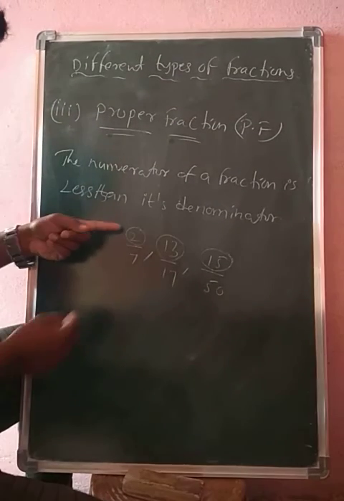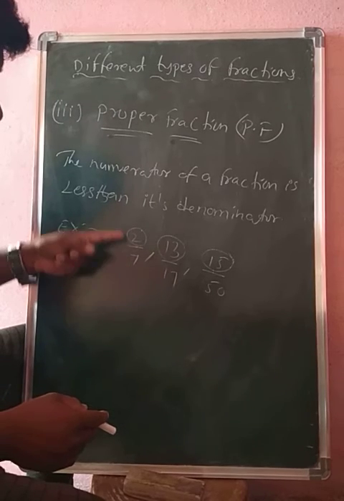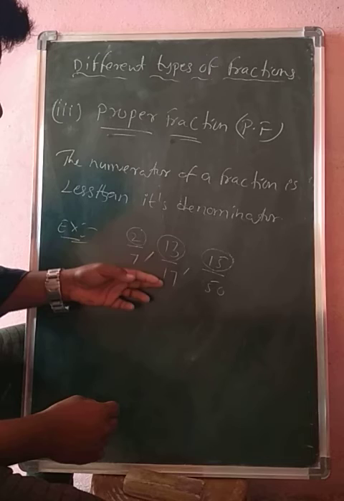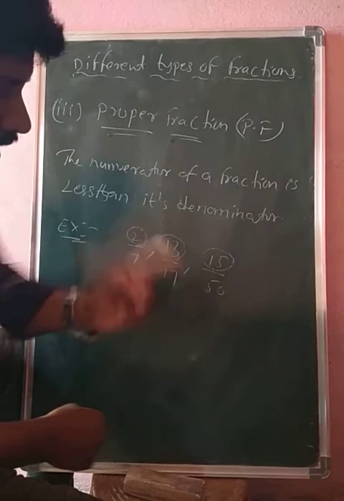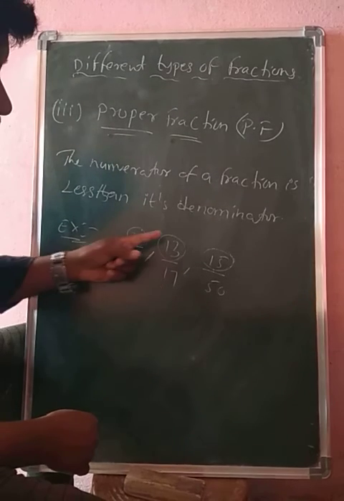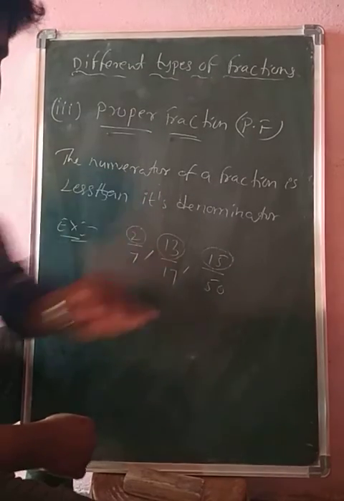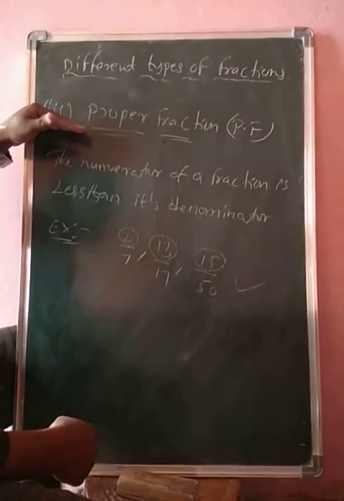So clearly the numerator 2 is less than the denominator; 2 is a smaller number than the denominator 7. Observe the second one: 13 is a numerator, a small number, and the denominator is 17. And 13 is less than its denominator. 15 is also less than its denominator. So these are the examples of a proper fraction.